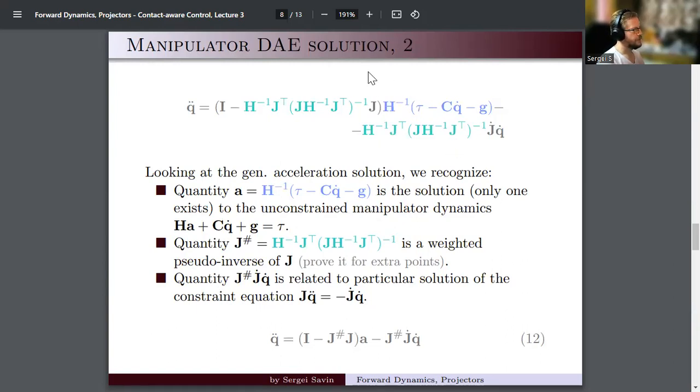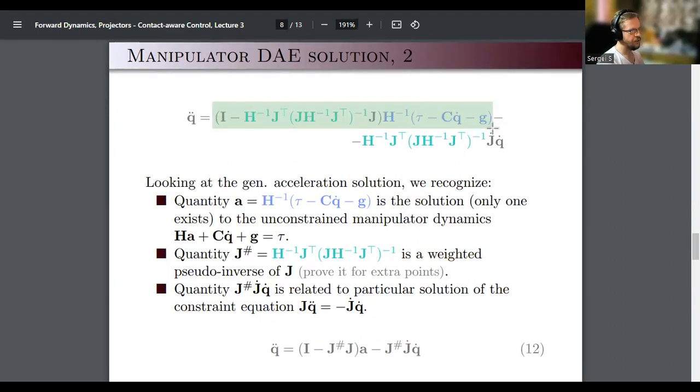So again, this component is the right-hand side of the manipulator equations, and this component is the right-hand side of the constraint equations. Let us look at it a little bit.